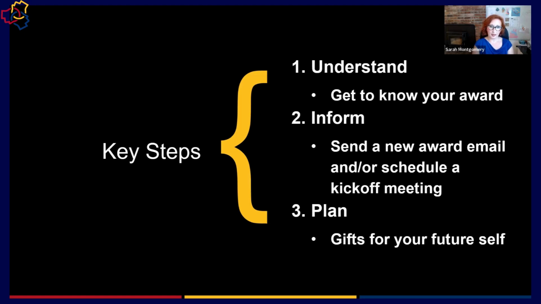So send your PI, chair director, marketing team, and pre-award RA a new award email with all of the documents, highlighted terms and conditions, and questions to get the ball rolling. Number three, plan. Take actions, set reminders, make a plan for meeting the award terms and conditions, and give your future self gifts in the form of those notes and reminders.